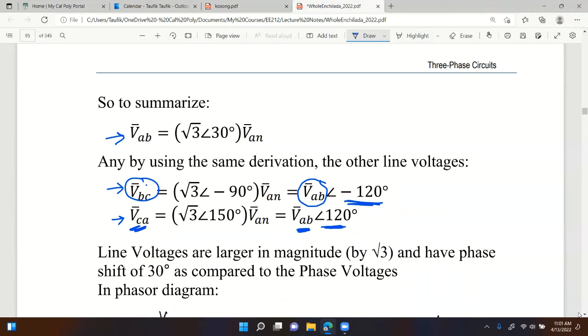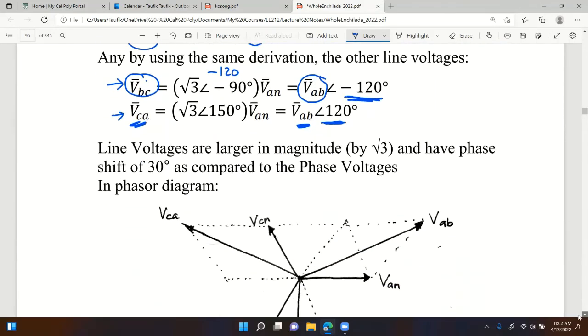You could also express line-to-line voltage in terms of phase voltage. If it's 30 degrees for VAB, then for VBC, if it's positive sequence, it should be minus 120 degrees. So you subtract 120 degrees from 30 degrees, and that's going to give you minus 90 degrees. If you want to do VCA, that's going to be plus 120 degrees, following the positive sequence.